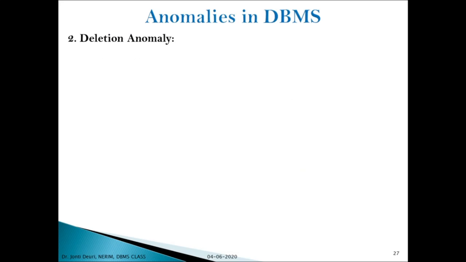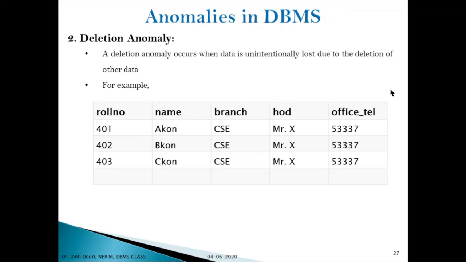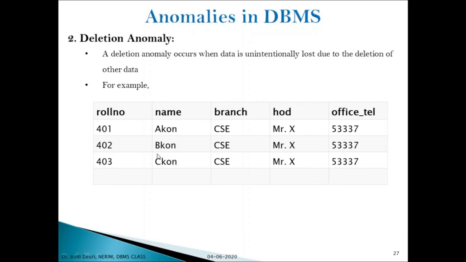Now the deletion anomaly, which I already explained just now. Say you are going to delete something in this table, which is not normalized. If we delete the record, unintentionally you are deleting more. I am going to delete only the student record, but unintentionally I delete the branch or HOD's name also.